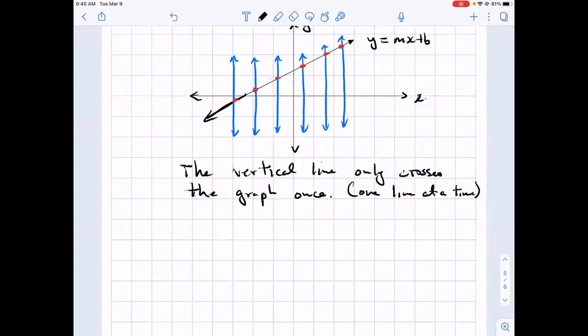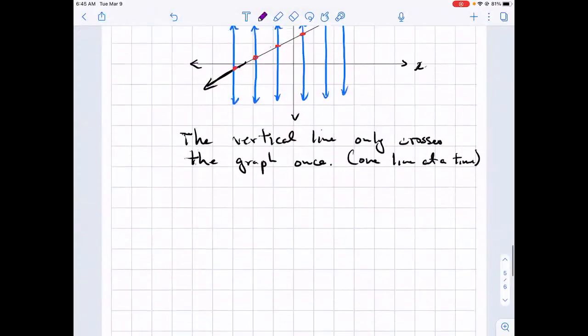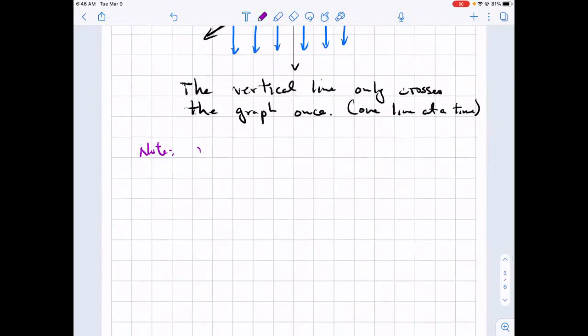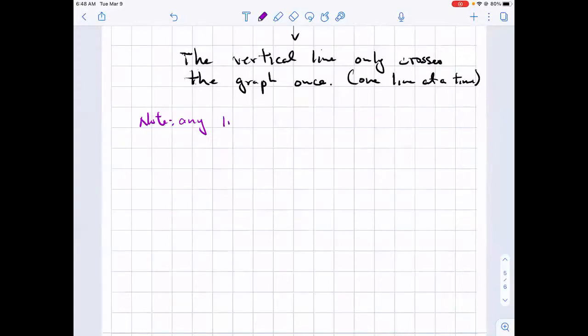Now, something else you will notice: note that the graph of any linear function or any linear graph, so any linear graph in the form y equal mx plus b will represent a function.